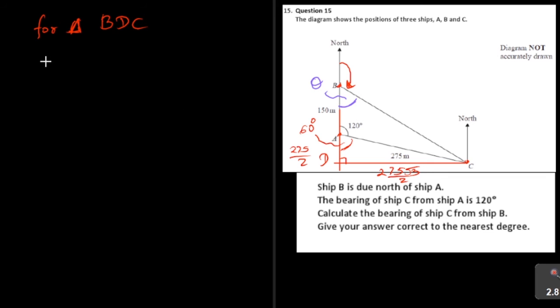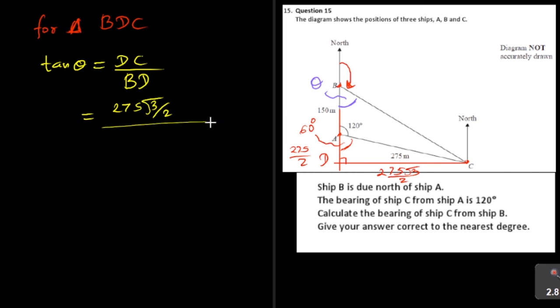So tan theta I can write as opposite side over adjacent side, DC over BD. The DC length we already found, 275 into square root 3 over 2, divided by BD.